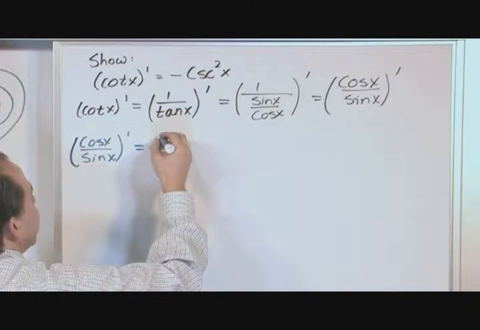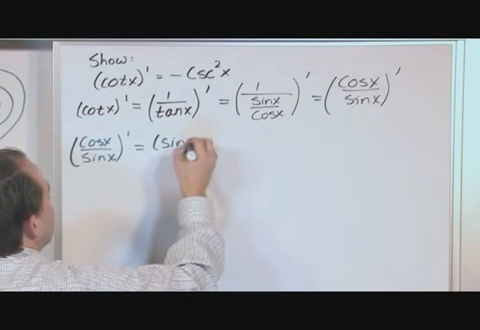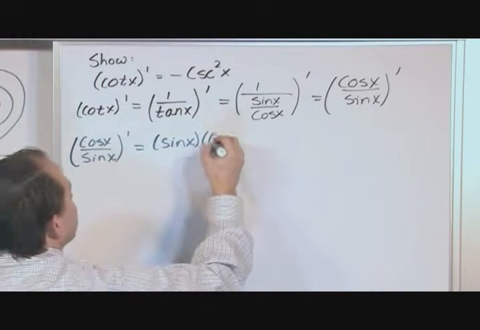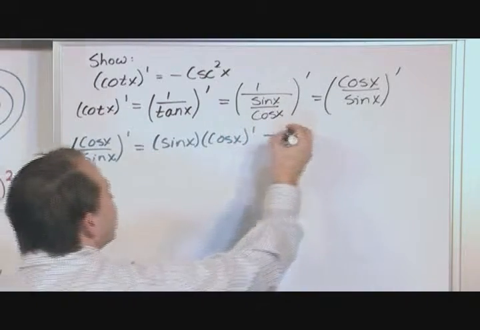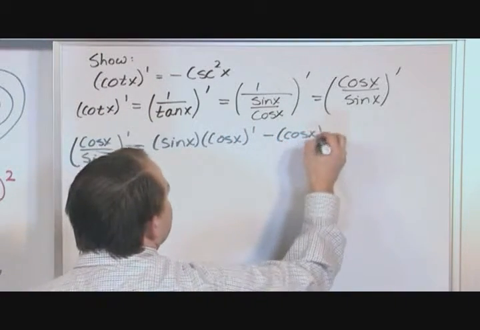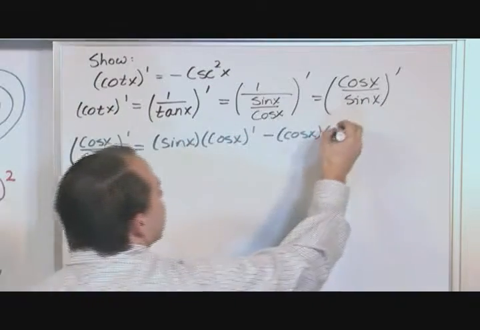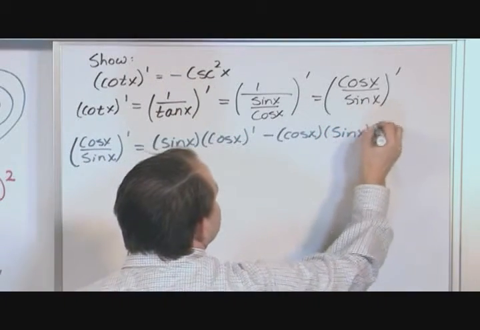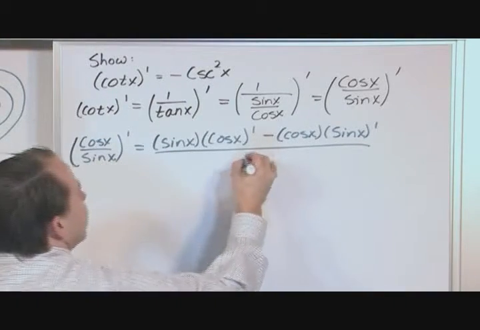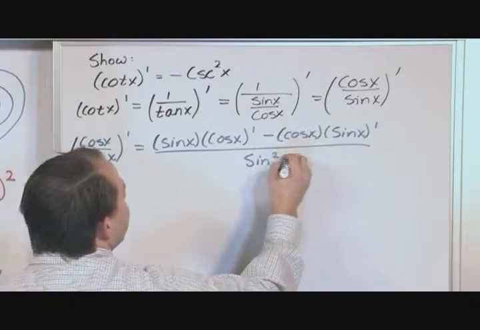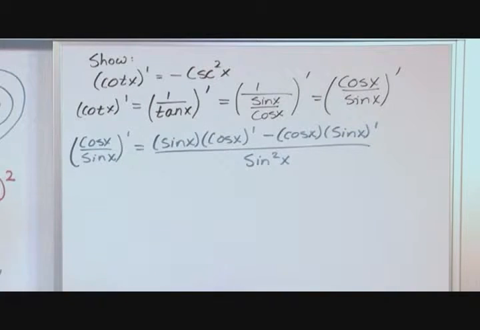Bottom, which is going to be sine of x, times the derivative of the top, cosine of x, derivative, minus the top, which is cosine of x, times the derivative of the bottom, which is the sine of x, derivative, over the bottom squared, sine squared x, which is just sine times sine.